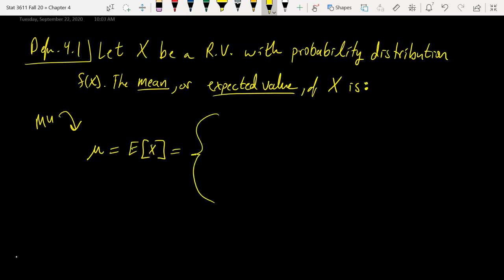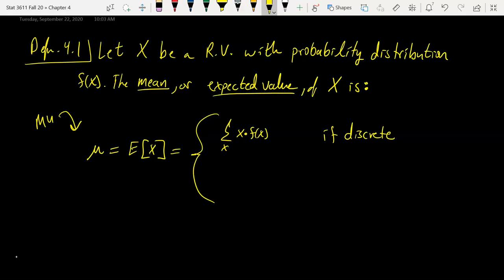Anyways, the expected value of x is computed in two similar ways depending on if it's discrete or continuous. If it's discrete, we're just going to sum over all of the x values that it can take on, and multiply each x value by the likelihood that it occurs, f of x.